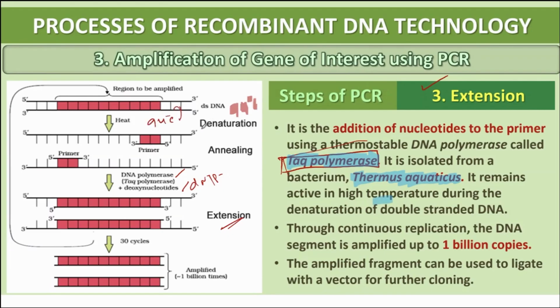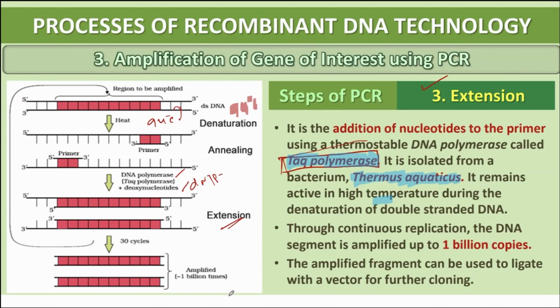But we cannot stop the reaction again and again and add the enzyme, because in every cycle it has to separate and then make the new strand, again separation, again new strand, everything. So it's a very continuous process.